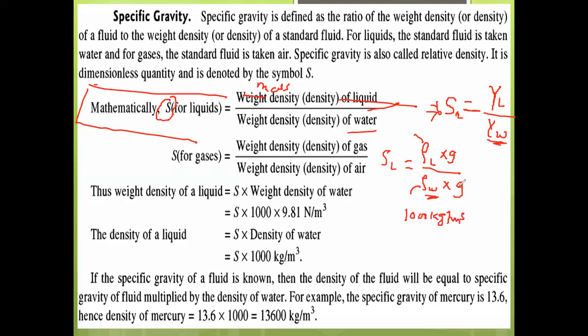Now in the numerator and denominator the small g will get cancelled, and we get the relation for the specific gravity as rho L divided by rho W. So we can define the specific gravity like this also: it is the ratio of mass density of any fluid to the mass density of the standard fluid, water.